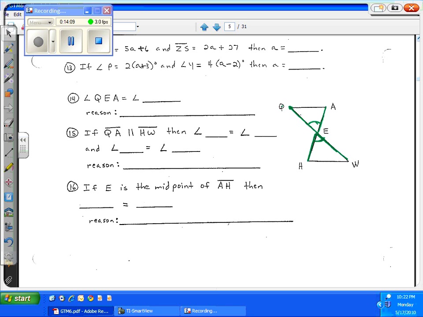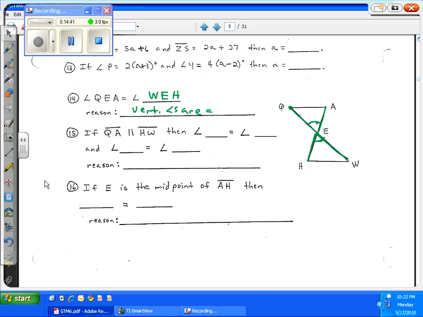Vertical angles. So angle QEA is equal to angle WEH. So you've got to go back and remember the whole book. We get to doing congruent triangles and all this stuff, and you forget about stuff we learned at the first of the year. So we have to remember stuff from the first of the year. Reason: vertical angles are equal.